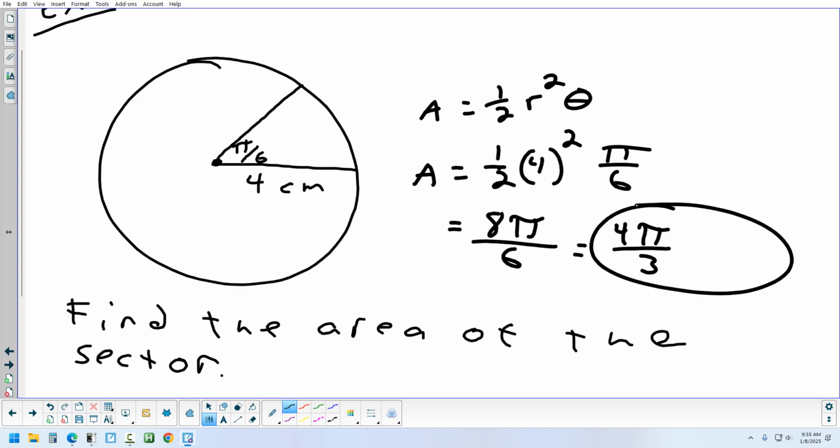And just like we did before, we need a label. What did we just find? We found area. So you need to think about how you would label something that is an area. Centimeters squared. Right. Centimeters alone is a length. Square centimeters, that's an area. Any question on that?